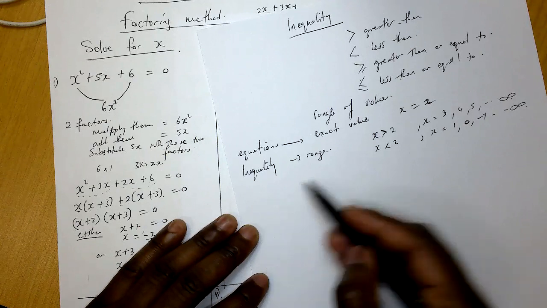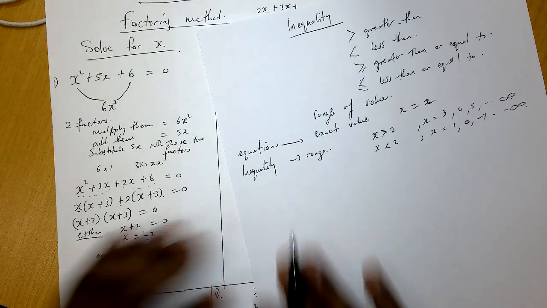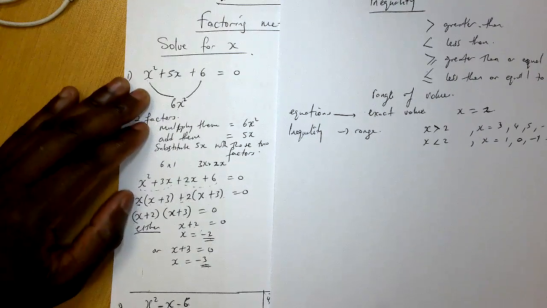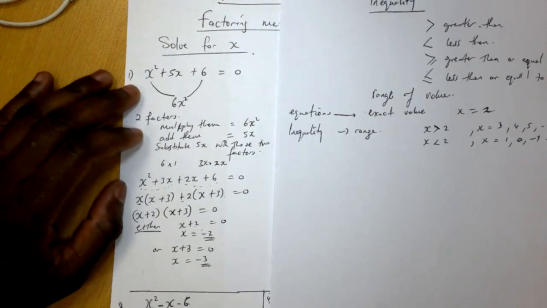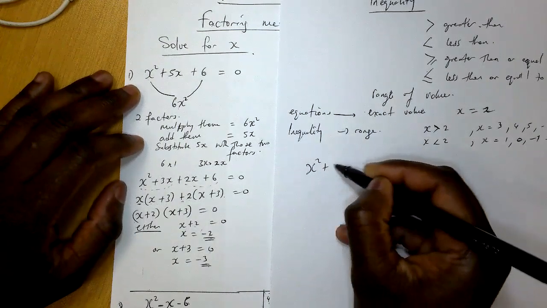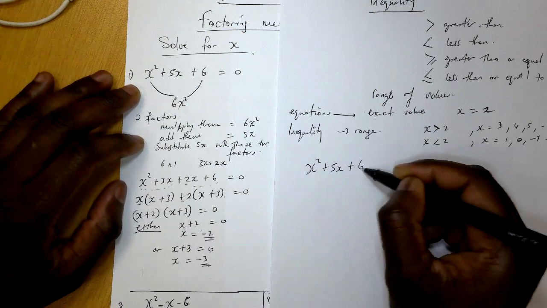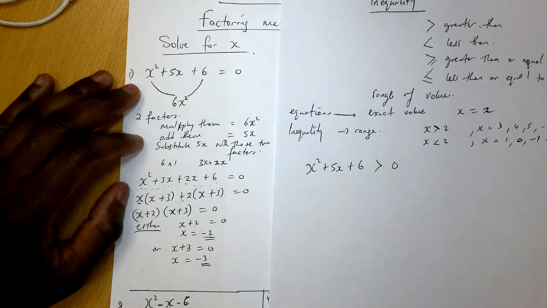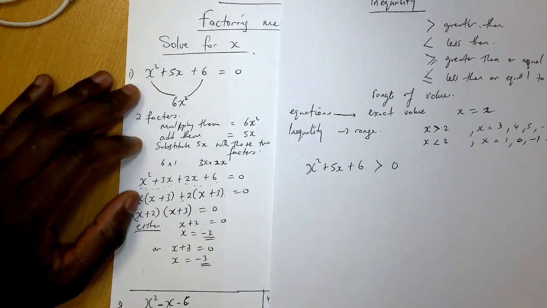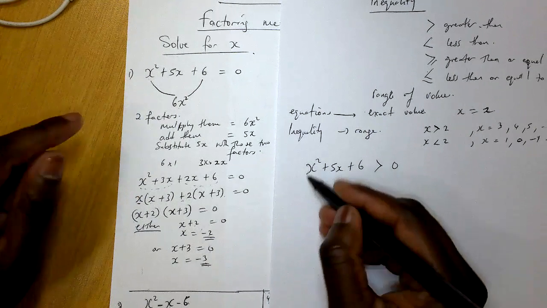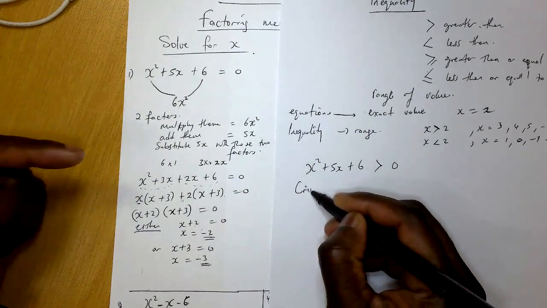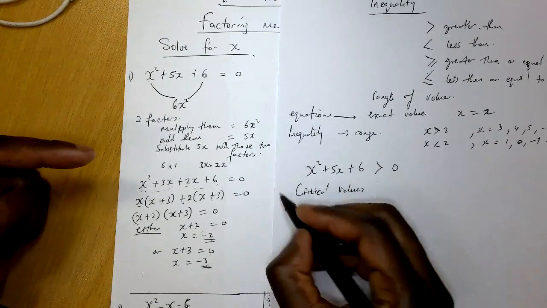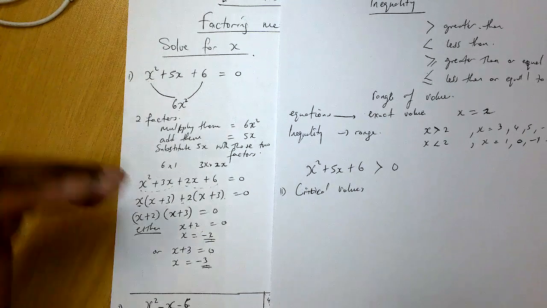Now let's see what it is that you're supposed to do. When I deal with inequality, it can come as an equation, just like the equation that we just solved. It was x squared plus 5x plus 6 equal to 0, but in this case, let's say greater than 0. Now what you need to do first is find what you call critical values. How do you get critical values? You need to factorize.